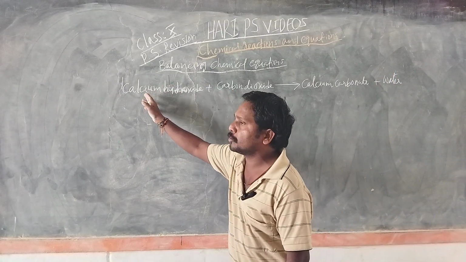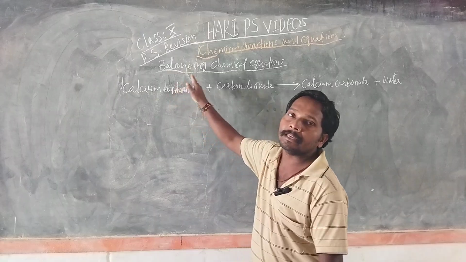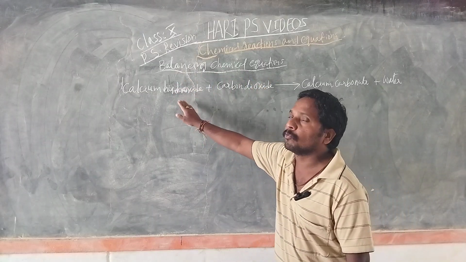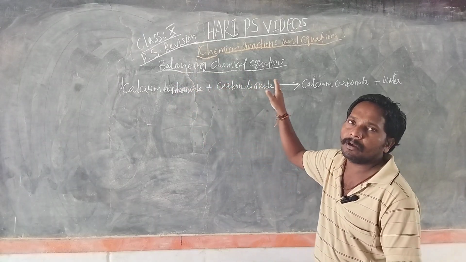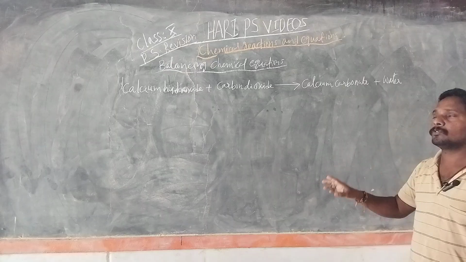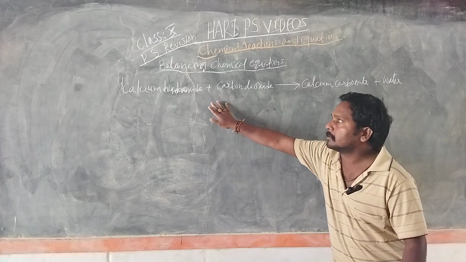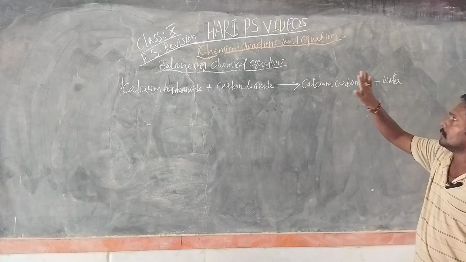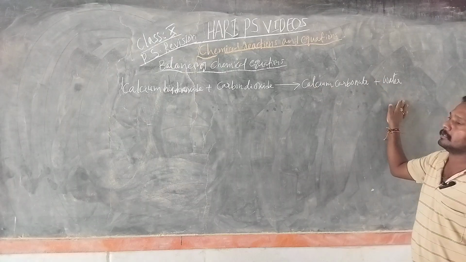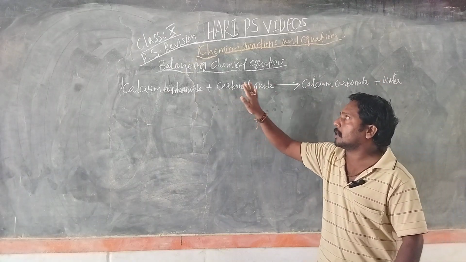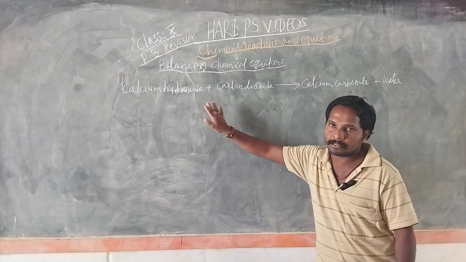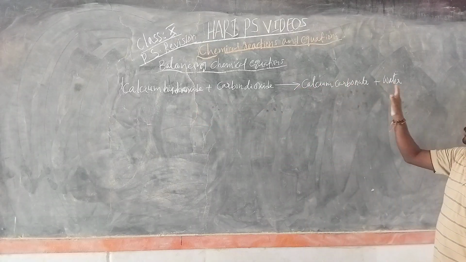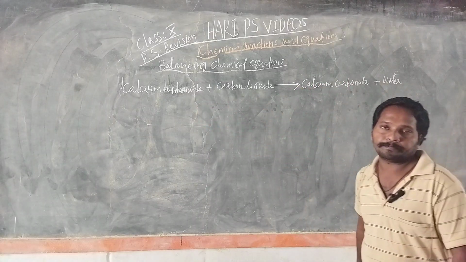First of all, we need to write its word equation. Write the word equation of the chemical reaction. So, we wrote calcium hydroxide plus carbon dioxide gives rise to calcium carbonate and water. Calcium hydroxide and carbon dioxide are the reactants. Then calcium carbonate and water are the products.